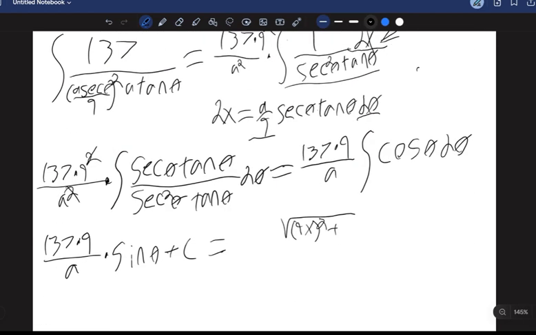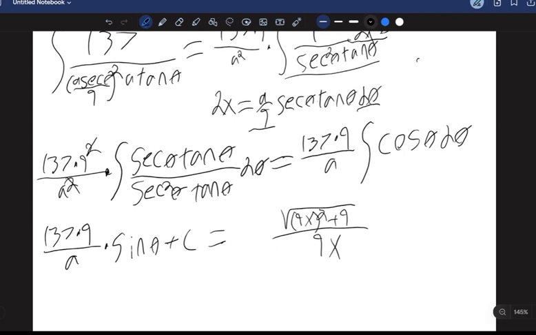And our a is 3. So knowing a is equal to 3, we can just divide this 9 by 3 to get 137 times 3 times this guy here.